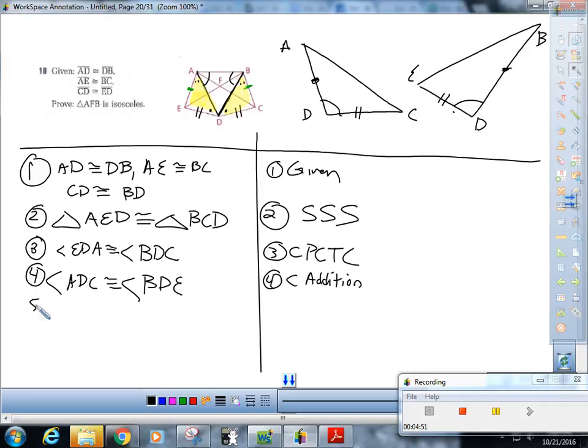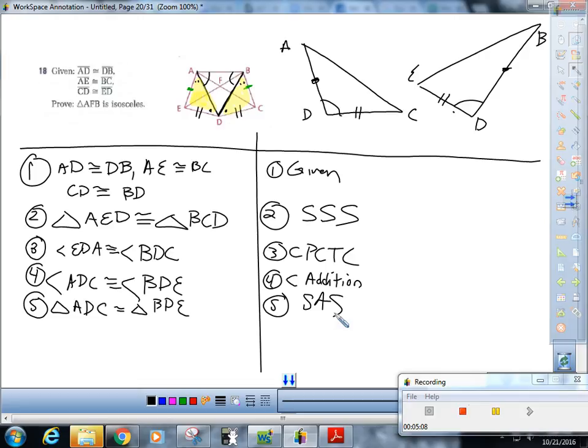So step 5 would be triangle ADC congruent to triangle BDE. And my reason for that is sassafras. Okay.